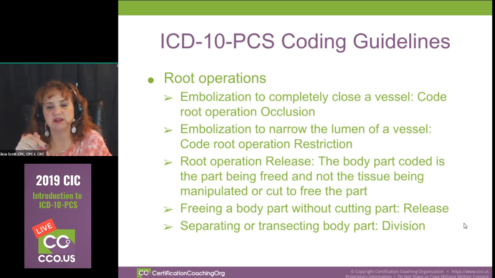Now, was it a complete embolization? Some of it was, but some of it wasn't. But it really restricts the blood flow, and therefore the fibroid gets smaller. Now, if it just narrows the lumen, the vessels, then it's a restriction. So you have to know the difference between is it an occlusion or a restriction? An occlusion always means we clamp it down, nothing gets through. A restriction is we're slowing it down, we're making it smaller.